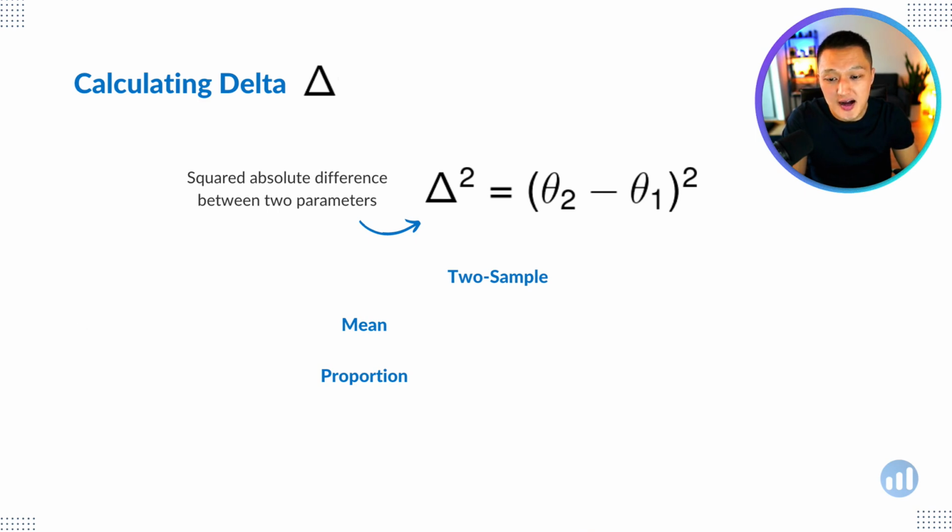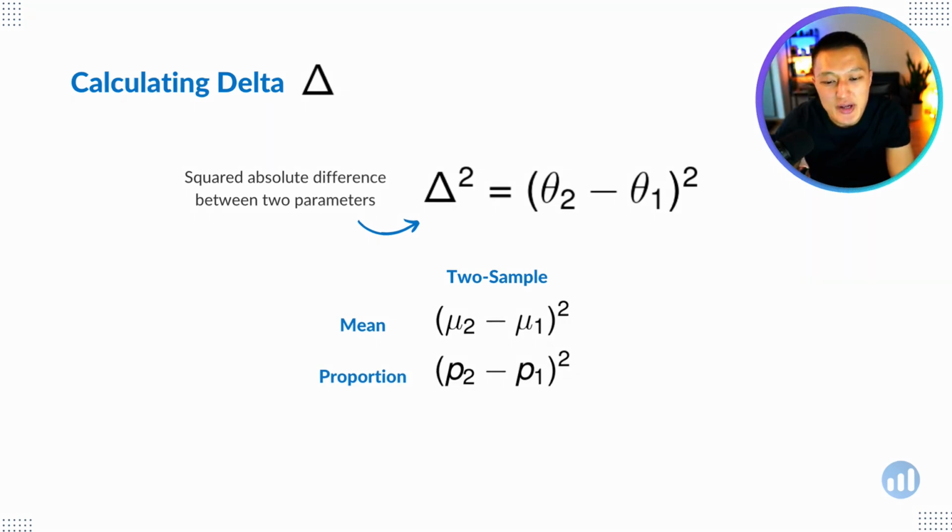Oftentimes, when we're calculating the sample size, we're also evaluating in terms of the mean or proportion. In the case of the delta for comparing two means, the expression is going to be (mu2 minus mu1) squared. For proportion, it is going to be (p2 minus p1) squared.